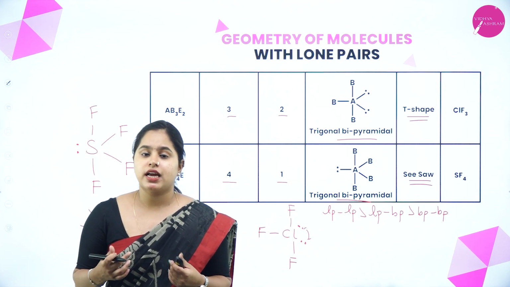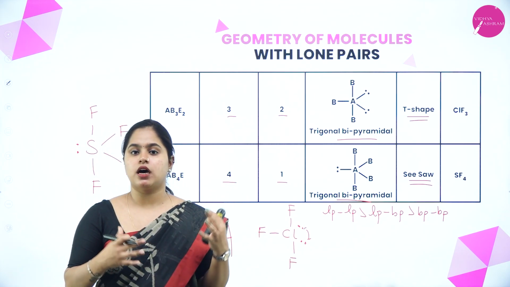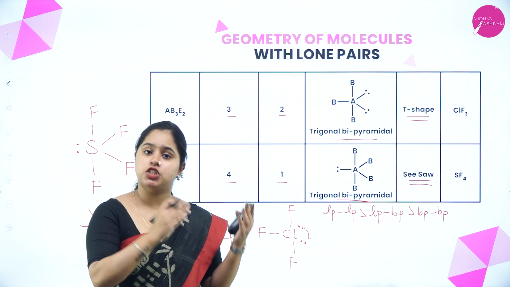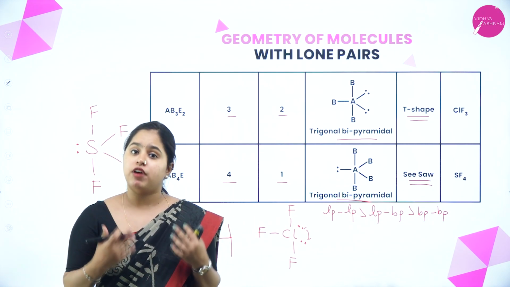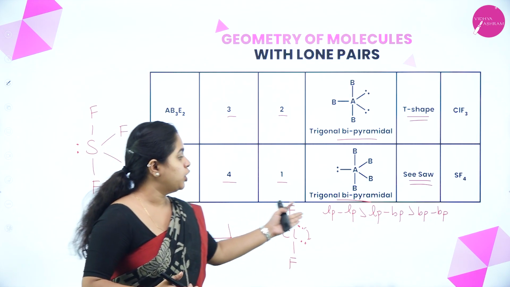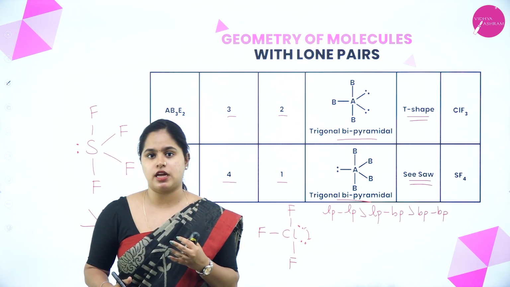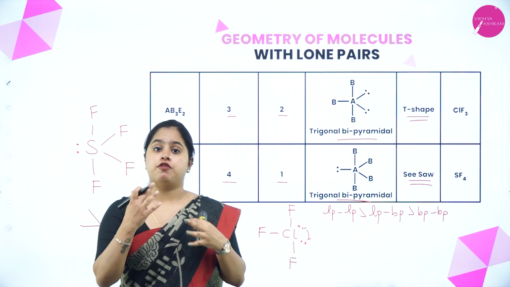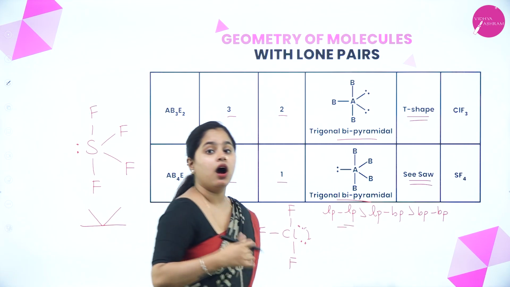Right? So what exactly do you have to keep in mind here? When lone pairs are also present in molecules, the shape and the geometry will differ. Why is it? It is because of the lone pair-bond pair repulsions that are happening here. If 2 or more lone pairs are present, the repulsion between them will be the highest.